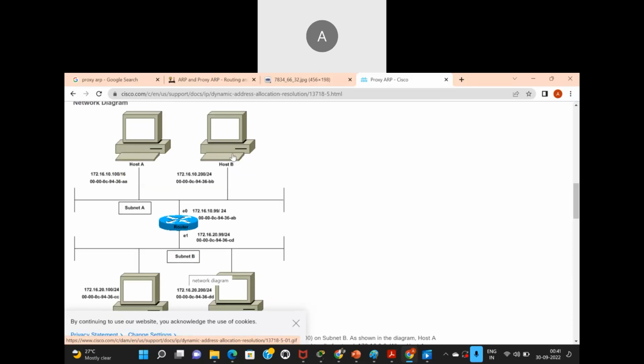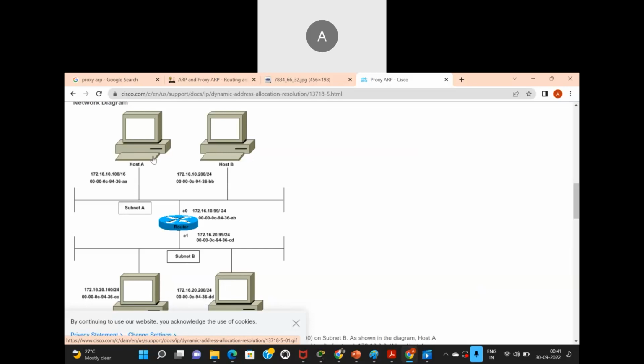What does ARP do? If I did an ARP to this host B, host B would reply with its MAC address. Now the router knows that you cannot reach the MAC. There's no point giving you the MAC addresses of these PCs because you cannot reach them directly. So to your ARP reply, it gives the MAC address of its E0 interface.